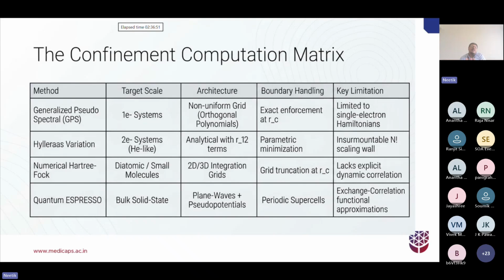And for solid calculations, for crystals and materials, we have used quantum expression. We have also mentioned the Euler's variation context, which is a very good option for confined quantum systems. But the challenge is that with an increase in the number of electrons, the variation space increases, and the number of coordinates also increases. That makes it even more difficult computationally.